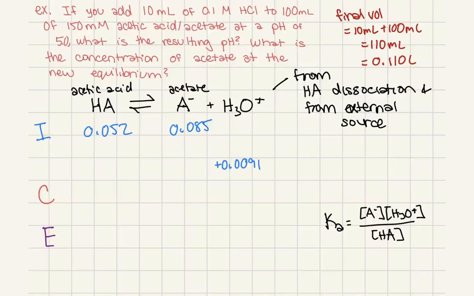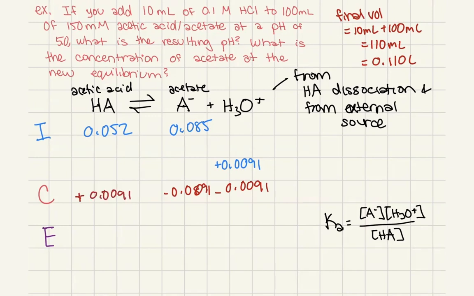Once again, we can see that all of the H3O+ is going to react because it's going to be the limiting reagent. So for our change, we're going to get minus 0.0091, minus 0.0091, and plus 0.0091.